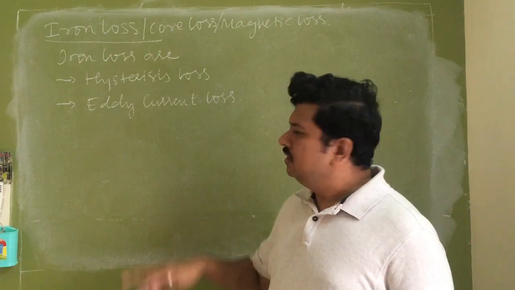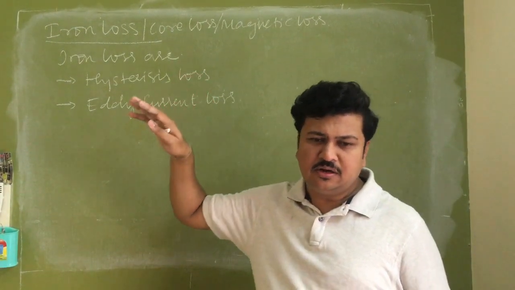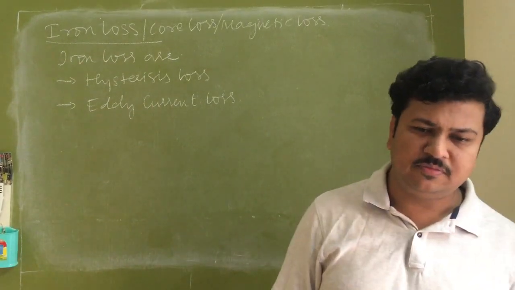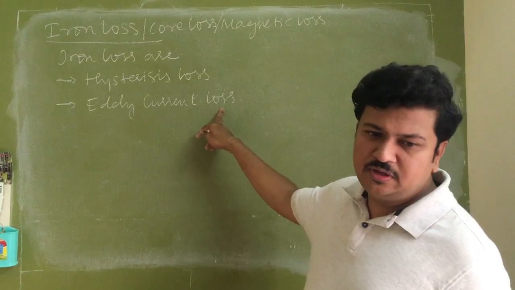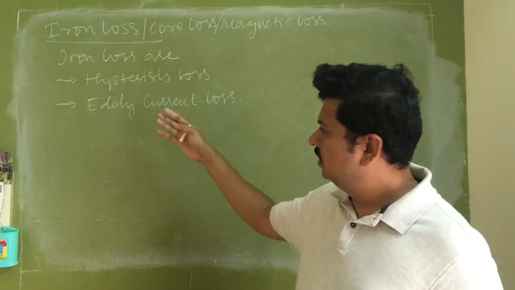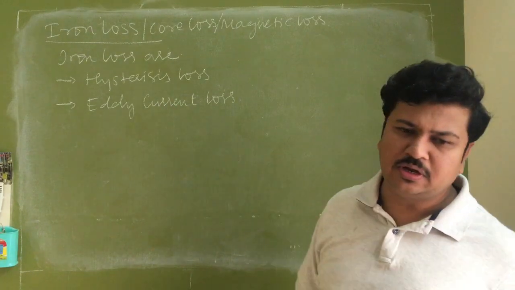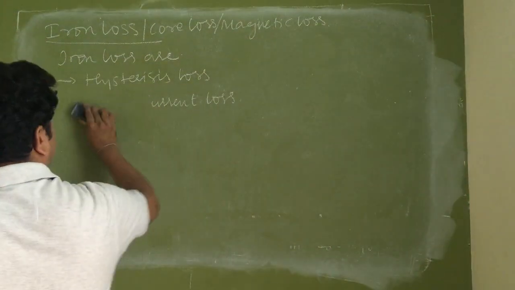Hence we call it a loss, because that power is not getting transferred to the secondary side. Therefore, it is called loss. And there is also loss because of eddy currents flowing in the core. Now the question is why the currents will flow in the core. We will discuss that when we get to that point. So first we will take hysteresis.